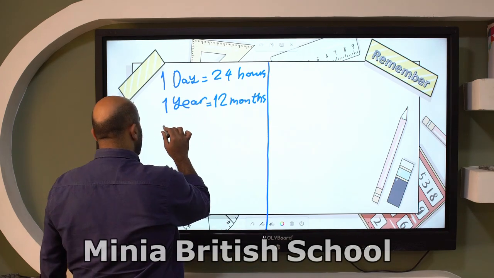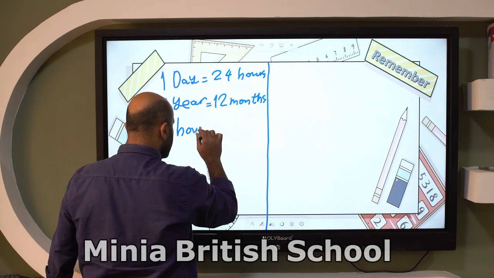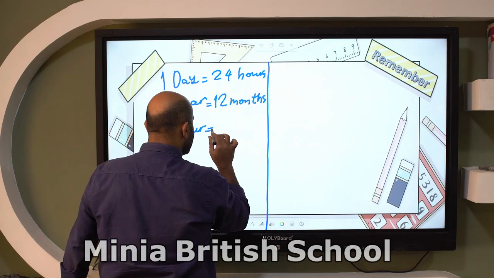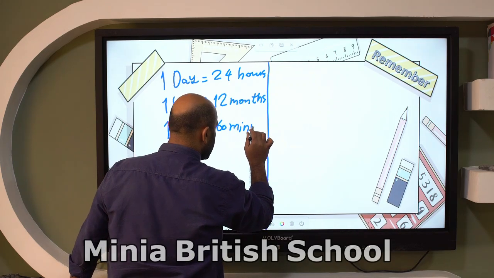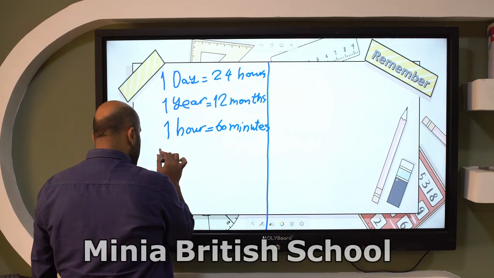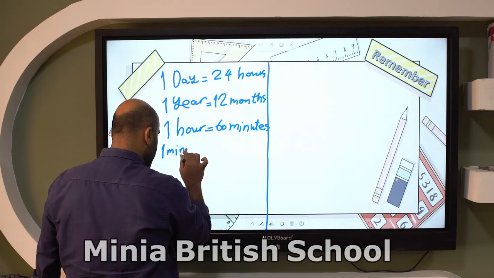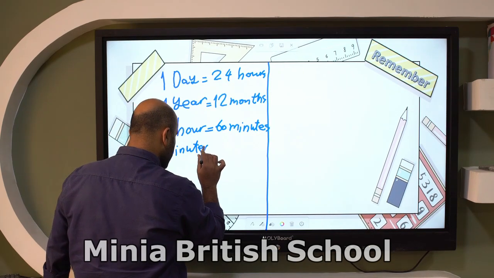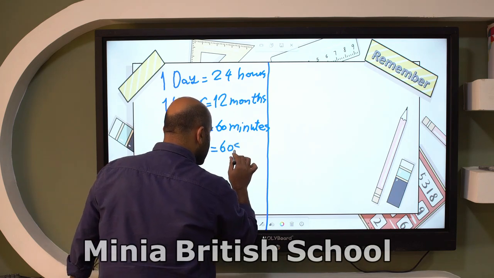And we all know that 1 hour equals 60 minutes. And finally, we all know that 1 minute equals 60 seconds.